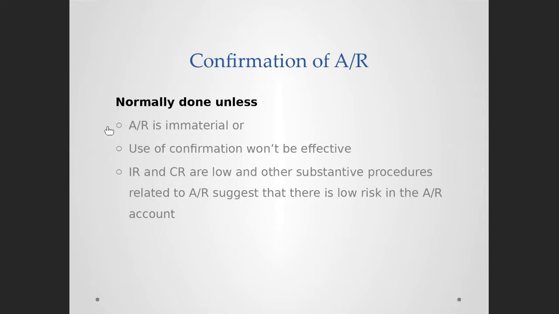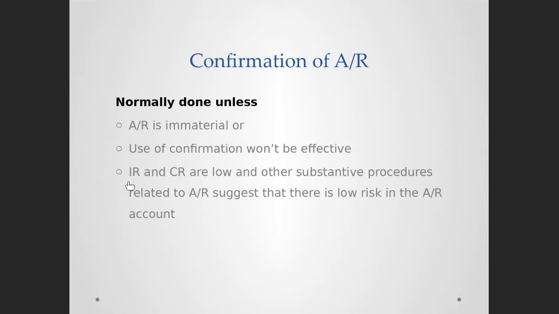So let's say the client mostly has cash sales and not credit sales, in which case you should not necessarily do the confirmation. If you feel that the confirmation would not be effective, so you might send letters to the customers of your client and the customers won't respond, or there is very low chance of you getting the letters back, in which case it's not effective, and you don't want to do that.